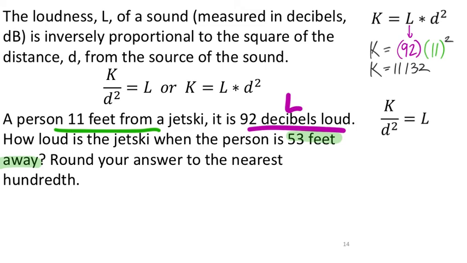And yeah, we now know that K is 11,132. So let's go ahead and fix that one up first, okay? So 11,132. And we now know that the distance here we're trying to find is 53. So there's a 53 to the power of 2. I'll extend that fraction line so it looks a little bit better. And this will tell us the loudness, right?